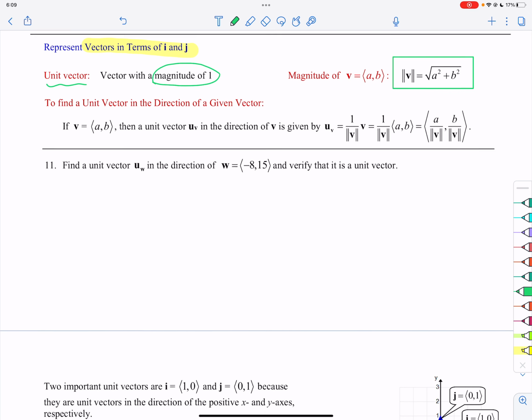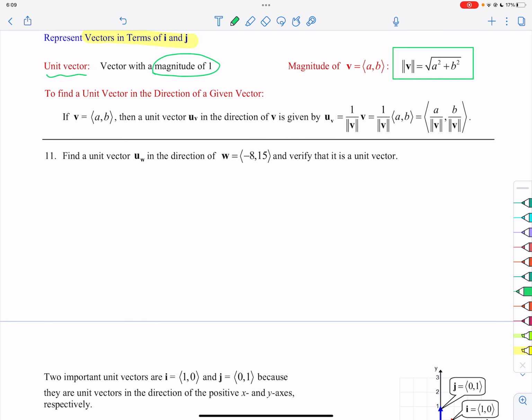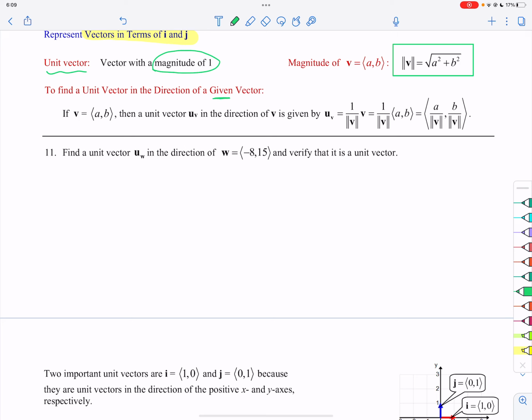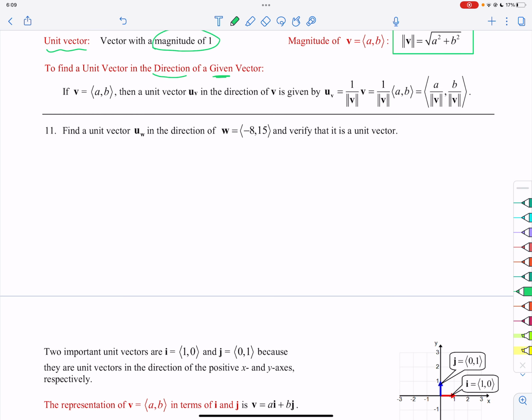So to find a unit vector in the same direction of a given vector, we will use this formula here below. So we've given vector v in component form.